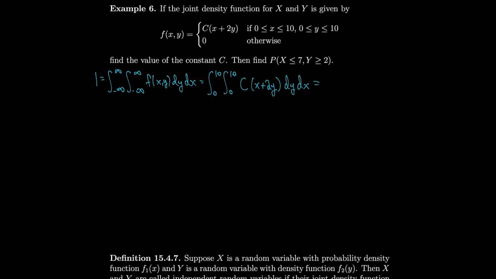So then we pull out our constant c, and we get the integral from 0 to 10 of xy plus y squared from y equals 0 to y equals 10. And that just becomes our constant c times the integral from 0 to 10 of 10x plus 100.